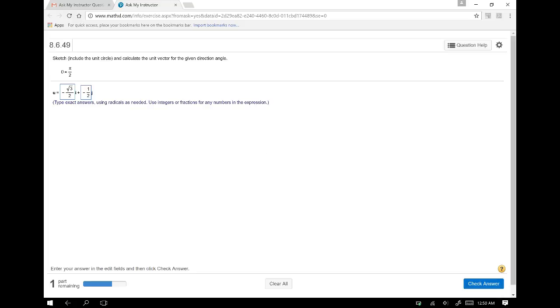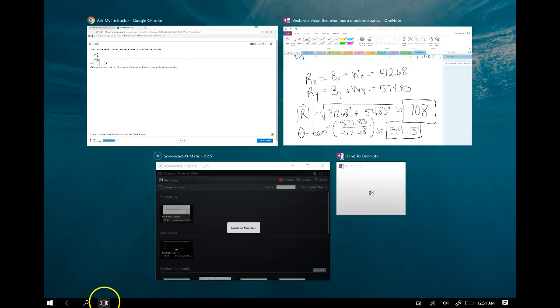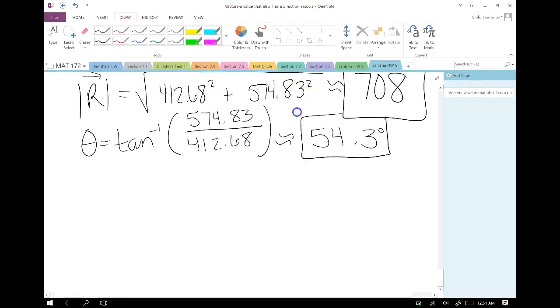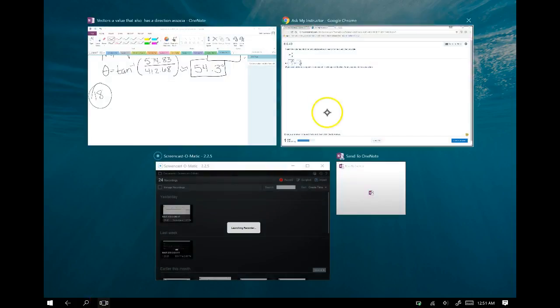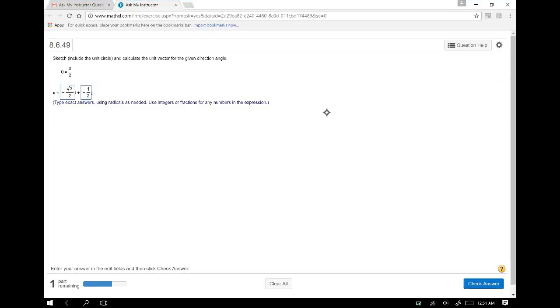This one is very different. This one says to sketch, include the unit circle, and calculate the unit vector for a given direction angle.